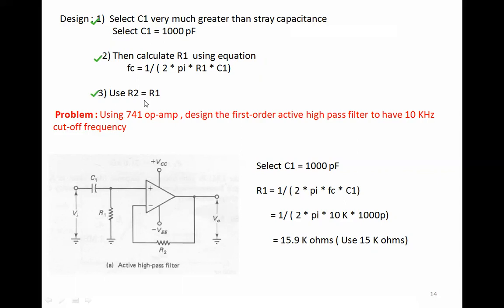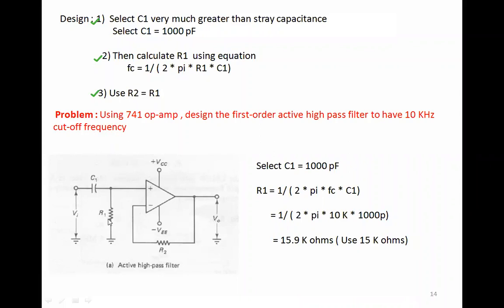So the design is pretty much the same way in which we do it for LPF and HPF, low pass filter and high pass filter. Let's see a simple problem. Using 741 op-amp, design the first order active high pass filter to have 10K cutoff frequency. So cutoff frequency FC is given here, and we need to design the filter.